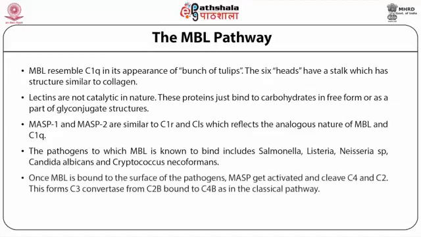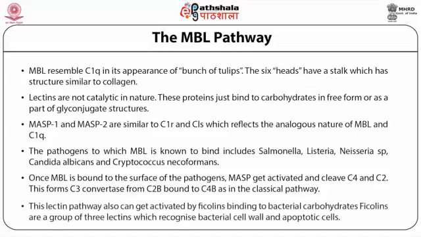Once MBL is bound to the surface of the pathogens, MASP gets activated and cleaves C4 and C2. This forms C3 convertase from C2b bound to C4b as in the classical pathway. This lectin pathway also can get activated by ficolins binding to bacterial carbohydrates. Ficolins are a group of 3 lectins which recognize bacterial cell wall and apoptotic cells.